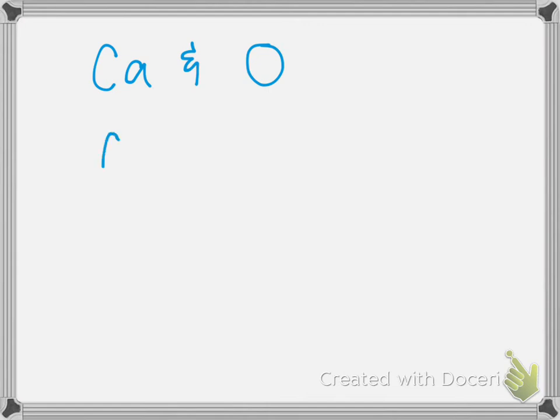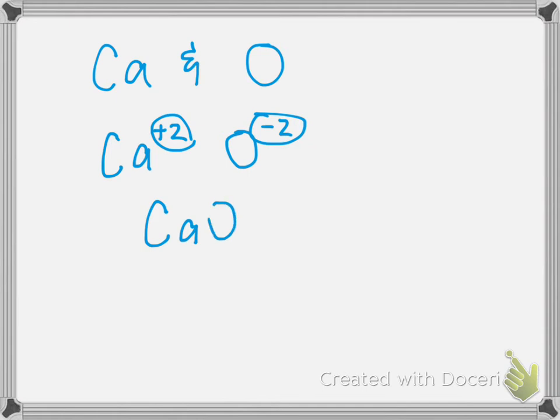It's in group 2. Calcium is a +2. Oxide is a -2. So I'm going to look and see, do those charges cancel each other out? And they do. +2 -2 equals 0, right? That makes a neutral charge, which means my formula is going to be CaO.